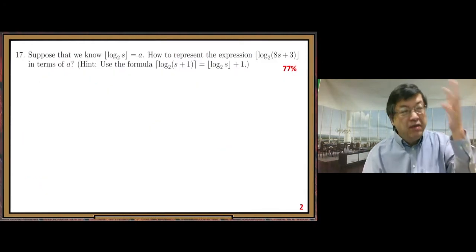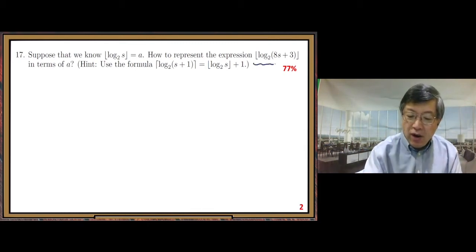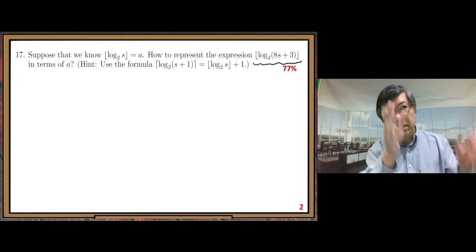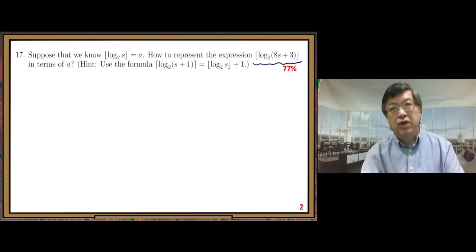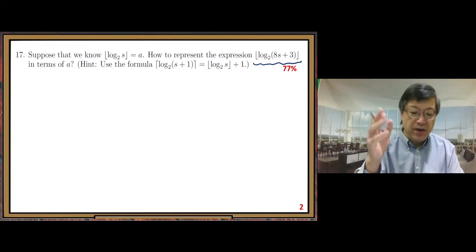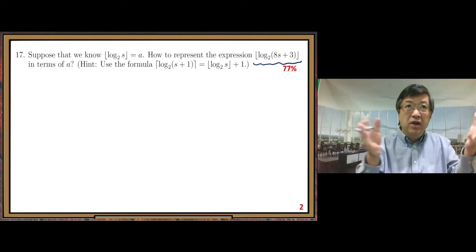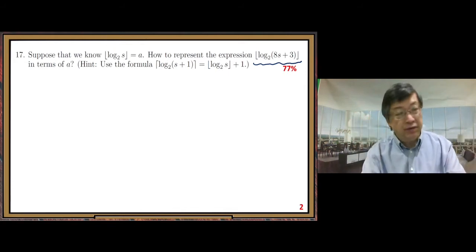Number 17, 77%. So you can see when you need to work on log, these kinds of special expressions, your miss rates are usually very high. This one is another example, and I did this example in the hint video.